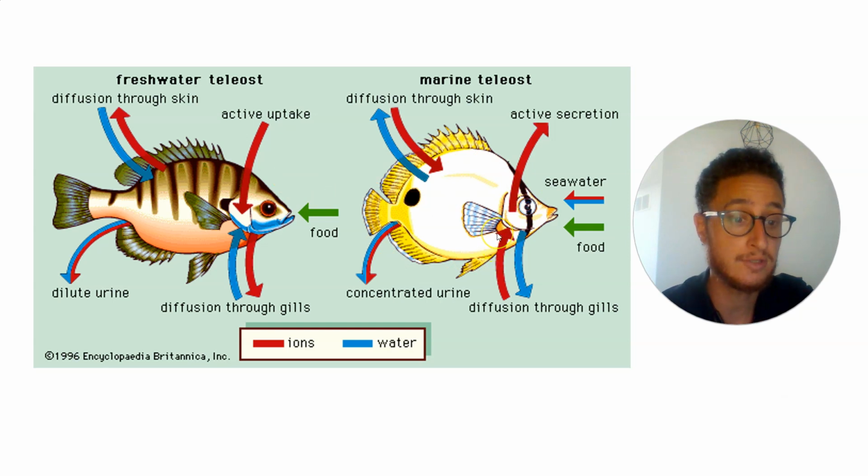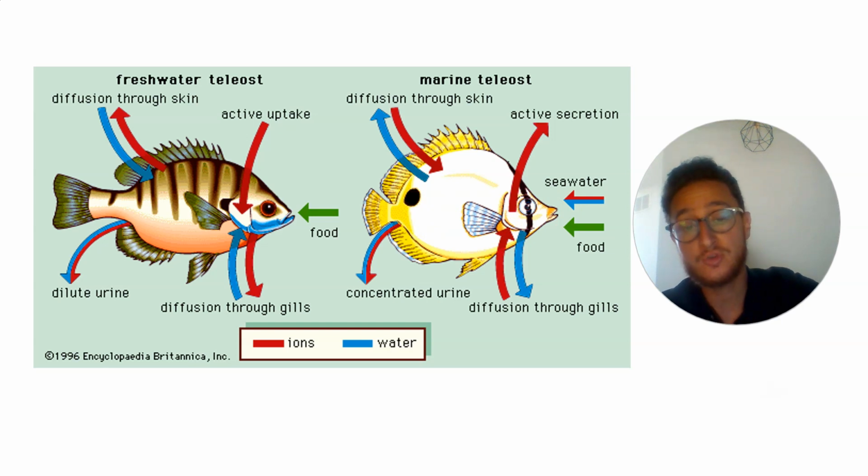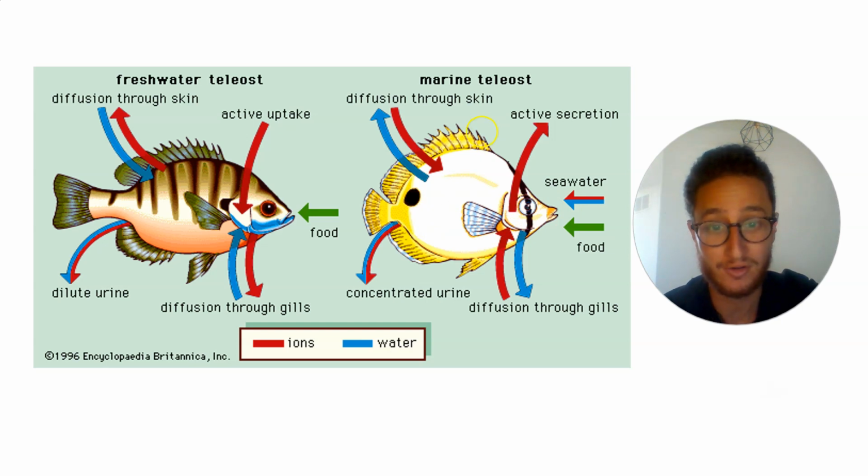They're under constant stress to be dried out. Water is diffusing out of their skin and is being drawn out of their gills by the surrounding salty water. And so they need to not only drink some seawater, but they're also going to need to have some internal mechanism to really concentrate their waste and save water, to kind of keep that water in.